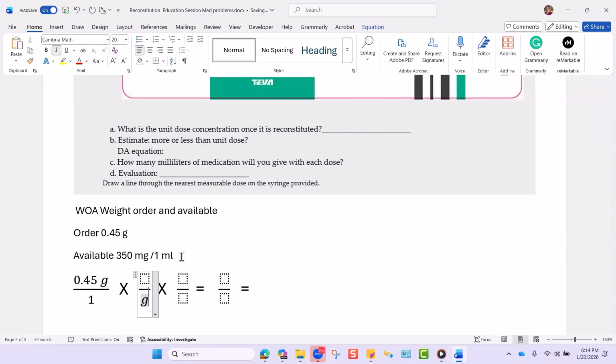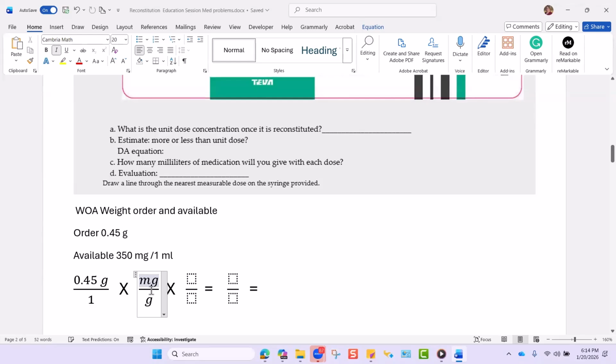Milligrams? So that's a clue to you. Oh, I need a bridge, okay? Because my available is actually going to go in this third fraction, okay? So I have to have grams on the bottom here because it has to cross off with this one. So on the top is going to have to be milligrams. So this is a conversion factor.